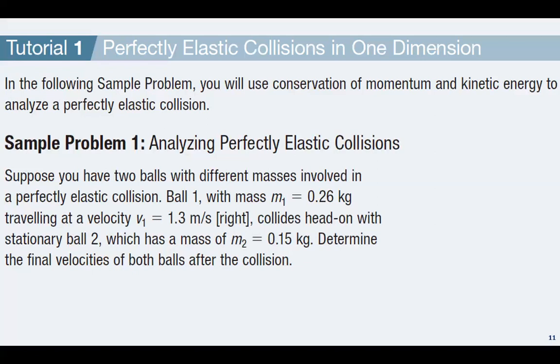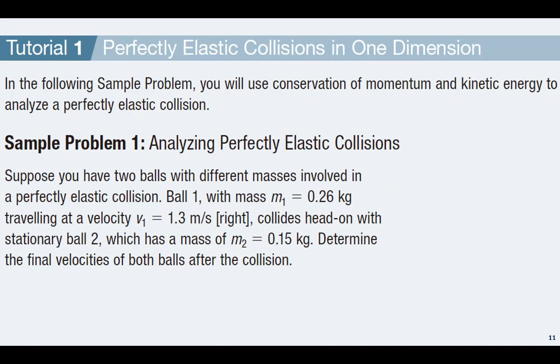From the statement that the momentum is conserved, we should have a first equation. And from the statement that the kinetic energy is also conserved, we have a second equation. So this problem involves two unknown quantities, and you have two equations. So we should be able to solve these two unknown quantities, right?